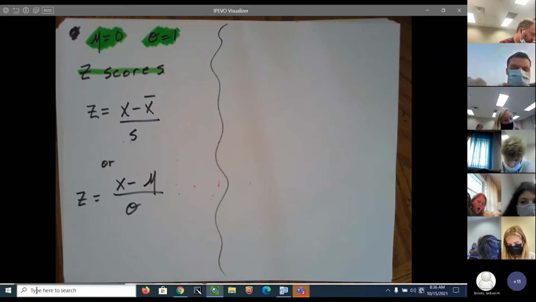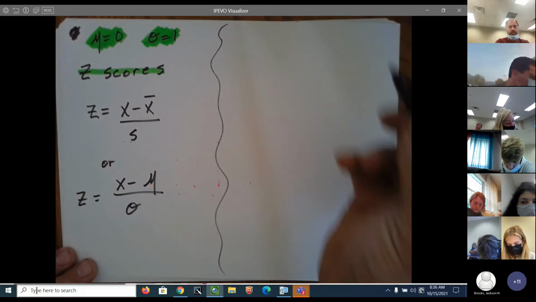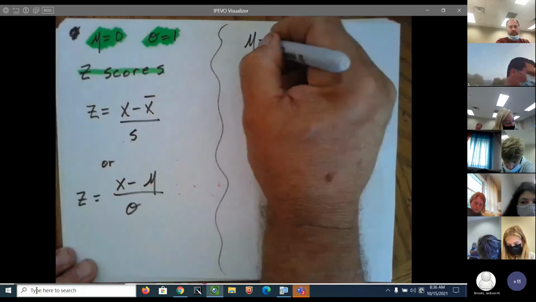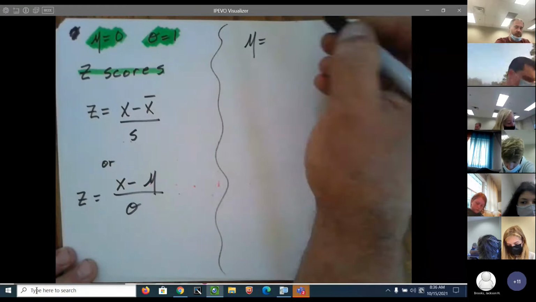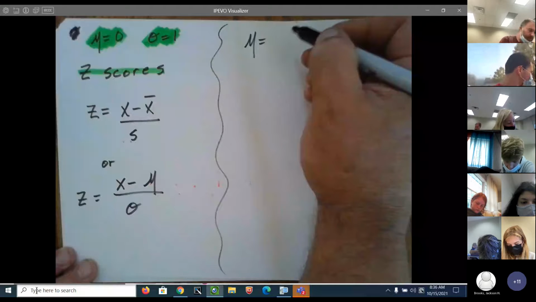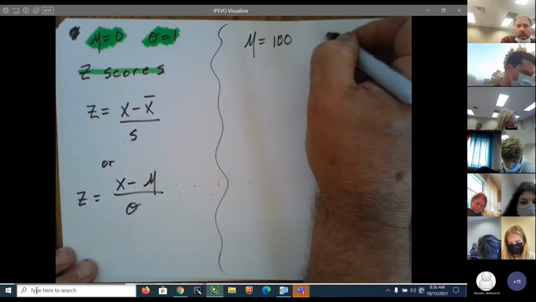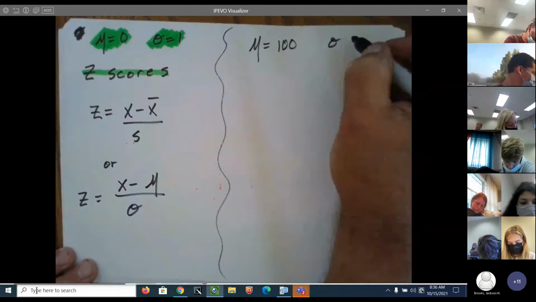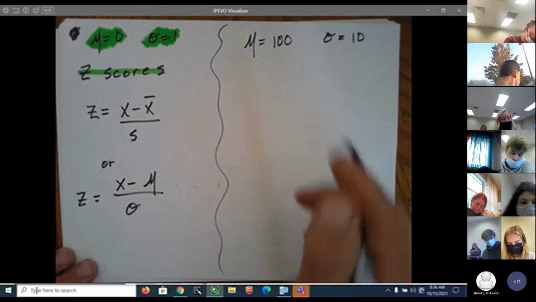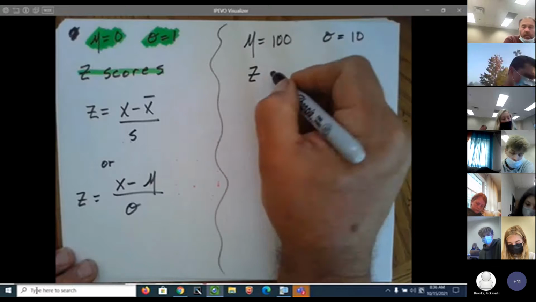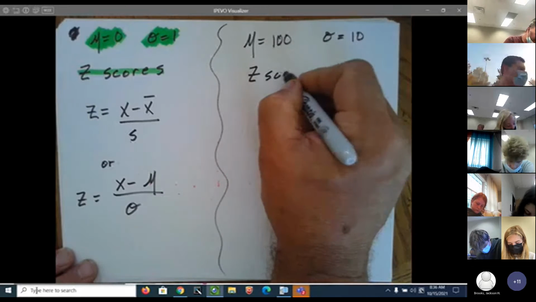The second type problem in 7.1 and 7.2 is mu is equal to a number other than 0, like 100, and the standard deviation is more than 1. So I'll just say 10. Again, if you've got an older calculator, you'll have to depend on z-scores.